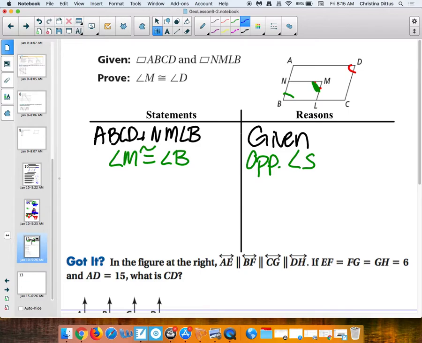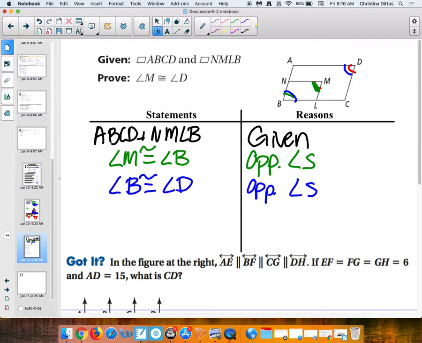Looking at my big parallelogram, what's B the same as? D. B and D have to be the same because why? Opposite angles. Angle B is the same as angle D because of the same silly thing. Opposite angles. Alright, well here's the tricky thing. If M is the same as B and B is the same as D, M and D have to be the same.